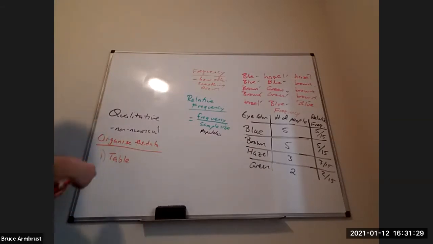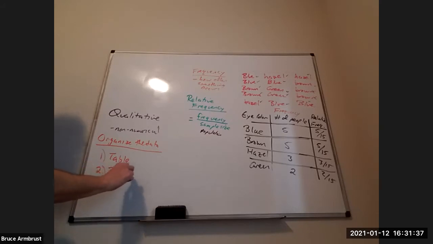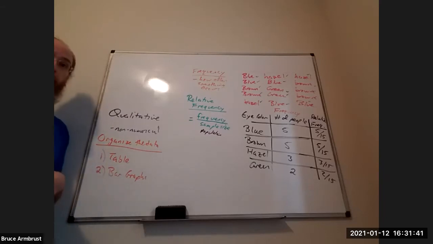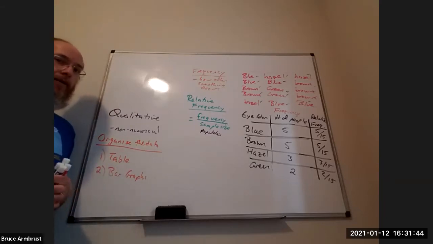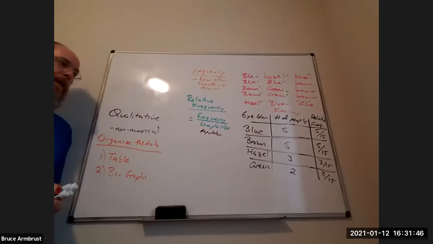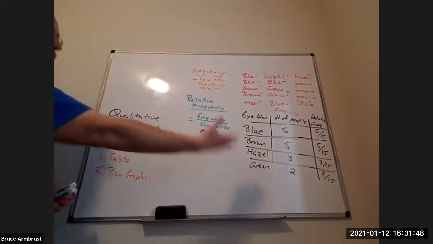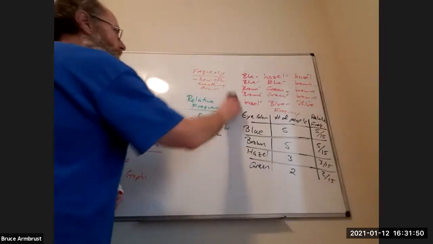Another thing that we like to use when we organize data like this are what we call bar graphs. Bar graphs are a picture to help us see what's going on. Let's make a bar graph using this data.